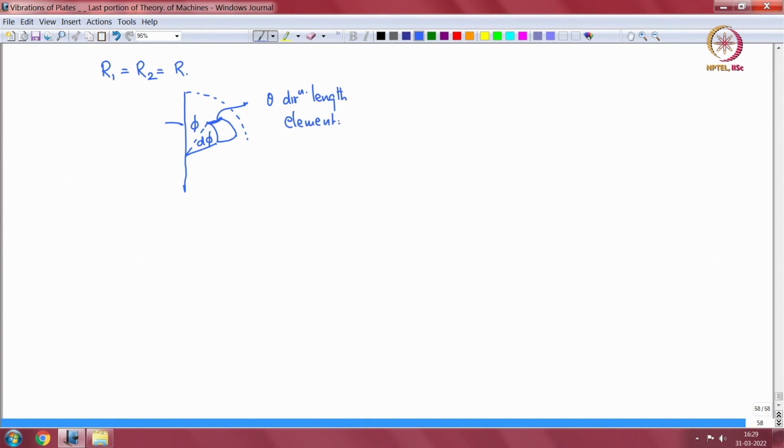The angular change is d theta, but you need something to make that a length. If you look at it from the top, it looks like a circle, and this edge is d theta.